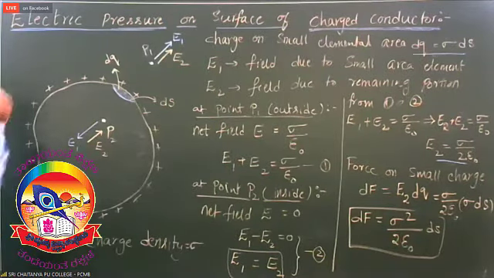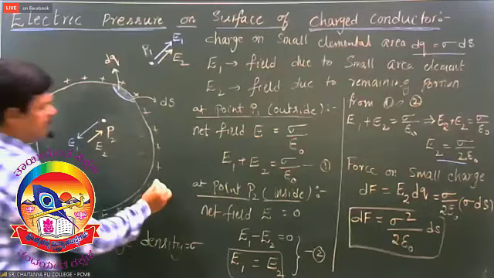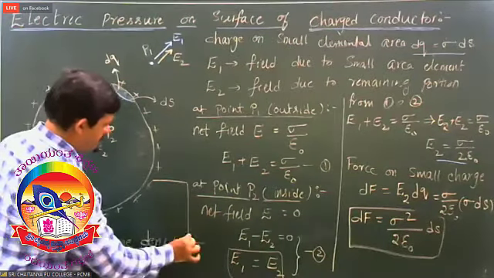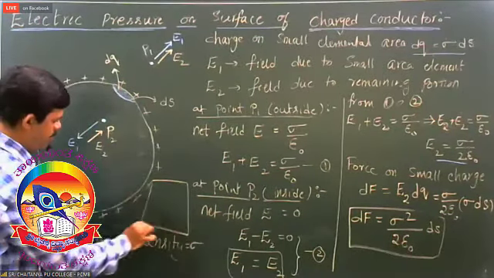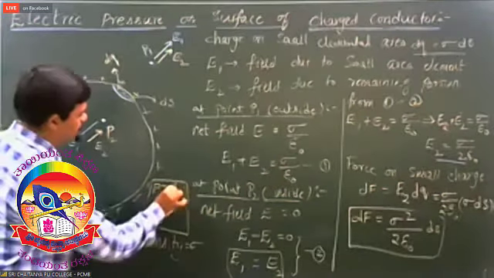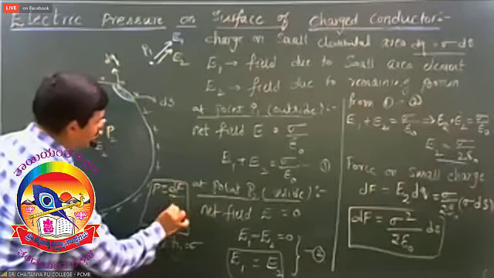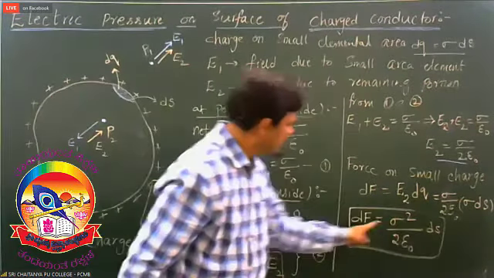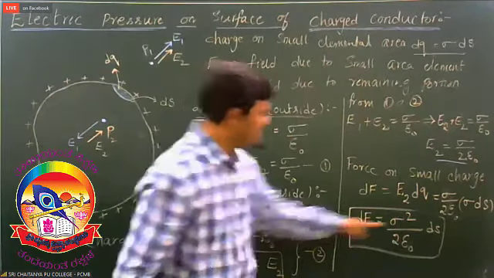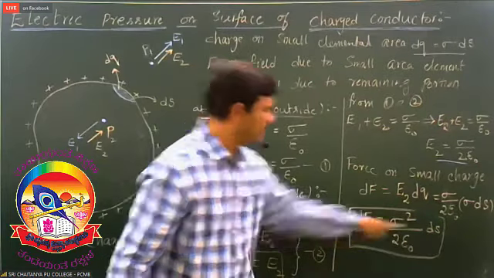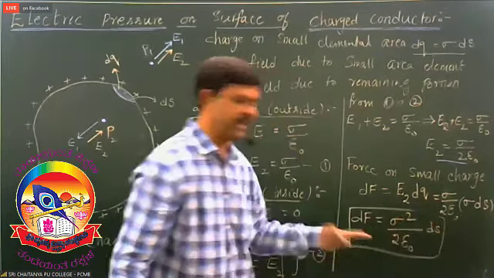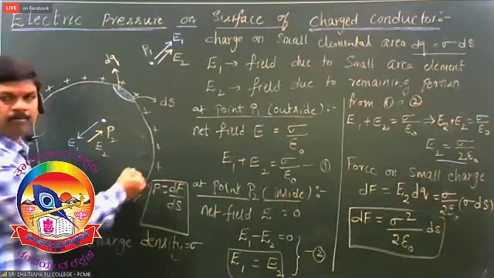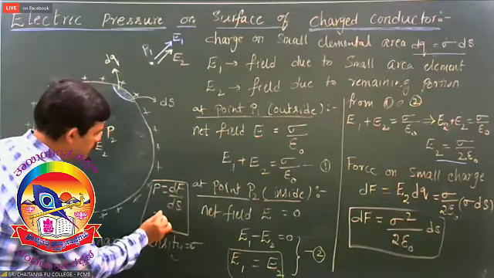Can I write here what is the pressure? Pressure is force by area. If this ds comes down, force by area of the element, df by ds, is equal to pressure P. So what comes out?